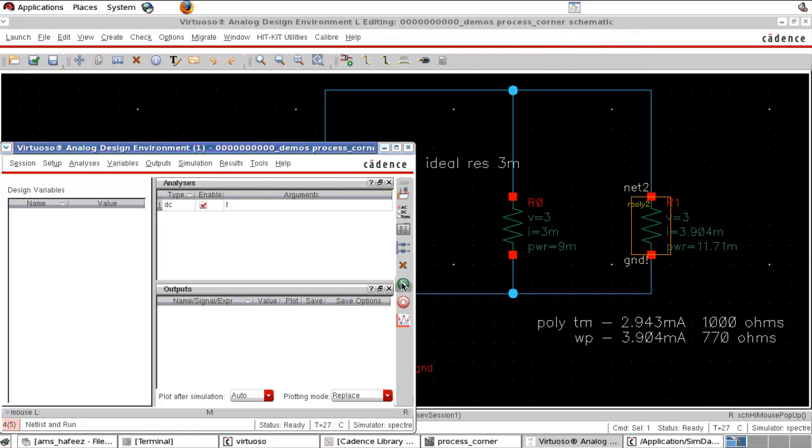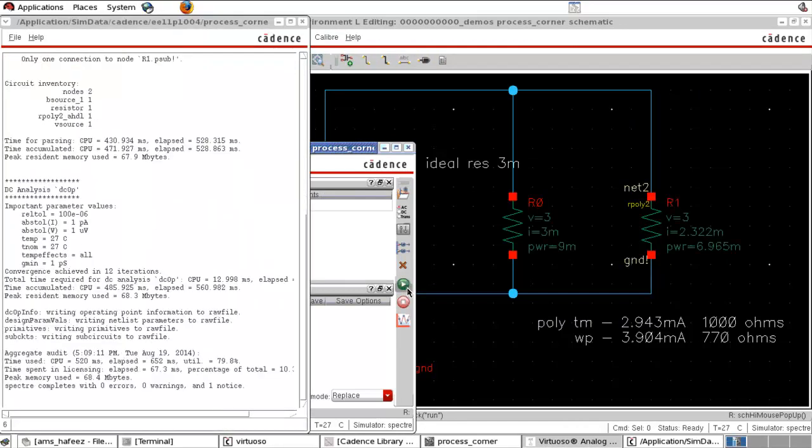Okay, now run the simulation, and you see now the current decreased to 2.3 milliampere. That means for a fixed voltage, if current is decreasing, the resistance value has increased.